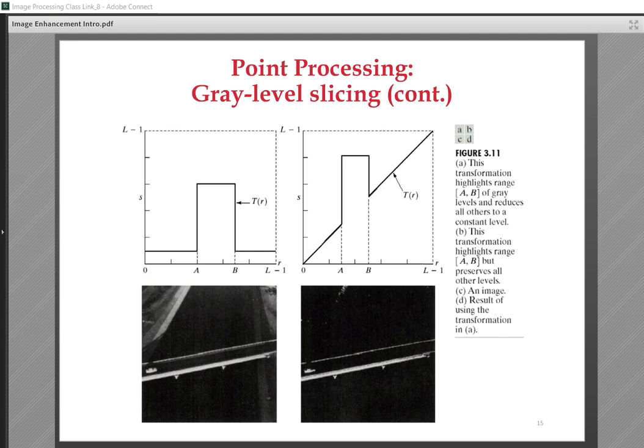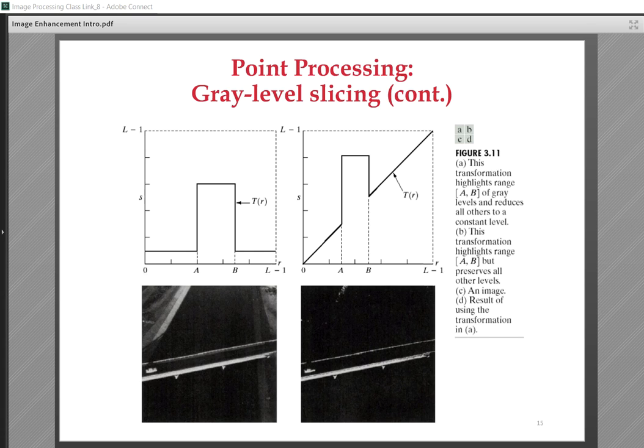This item highlights more gray level, and the others are reduced to a constant level, these and these.